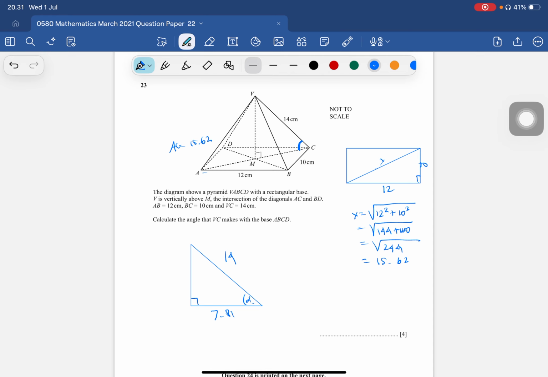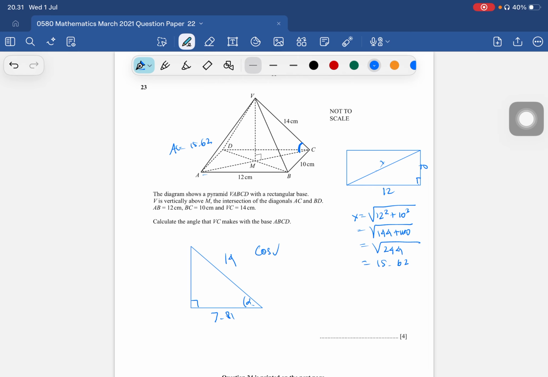So find the angle. We have the adjacent and the hypotenuse, so we will use cos. Cos of the angle, adjacent is 7.81, divided by 14. So cos inverse of 7.81 divided by 14 equals the angle. The answer is going to be 56.09 degrees.